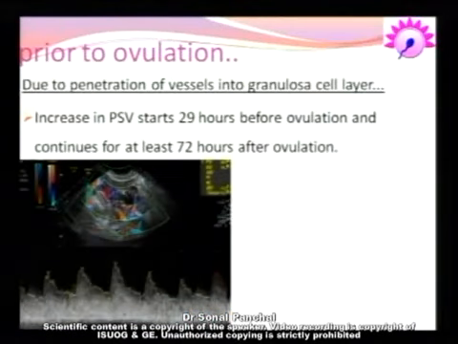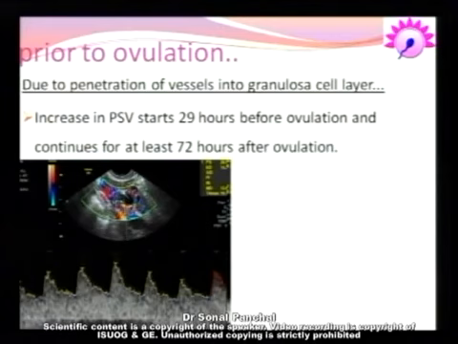Now, just prior to ovulation, due to the penetration of the vessels into the granulosa cell layers, there is an increase in the PSV. That means there's first a fall in RI just 2 days before, that's about 48 hours before ovulation, and now just before 29 hours, that means you are progressing towards a rupture.